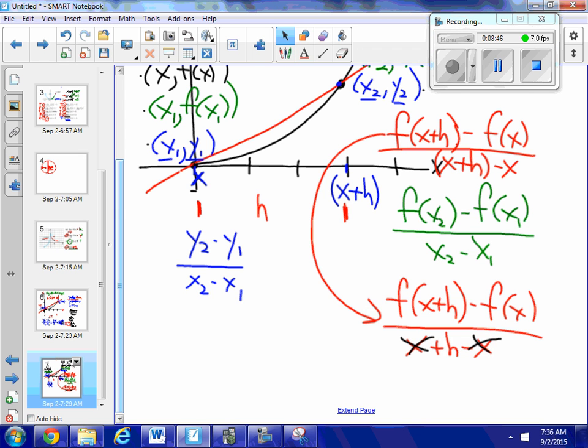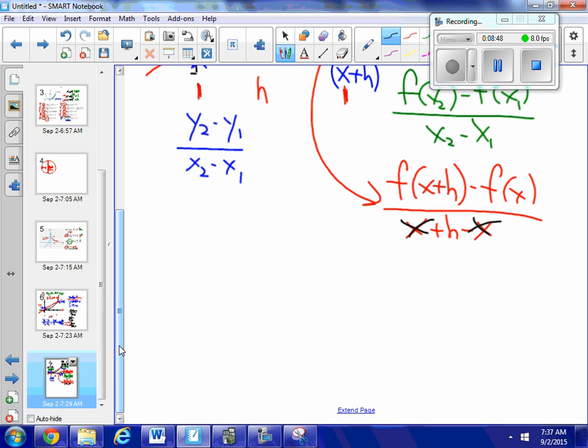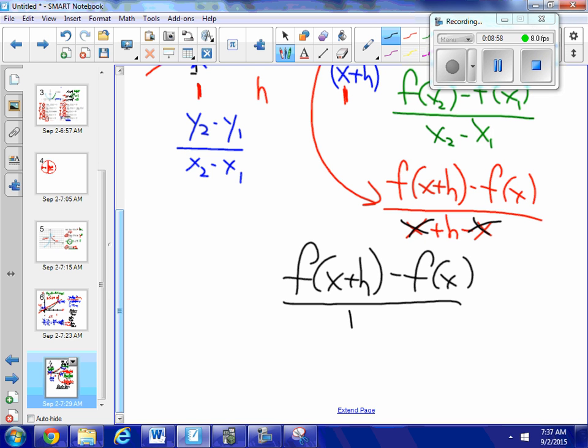So now my equation for the slope is f of x plus h minus f of x divided by h. This is super important, so commit it to memory. You can write it on your papers, but this is very important.